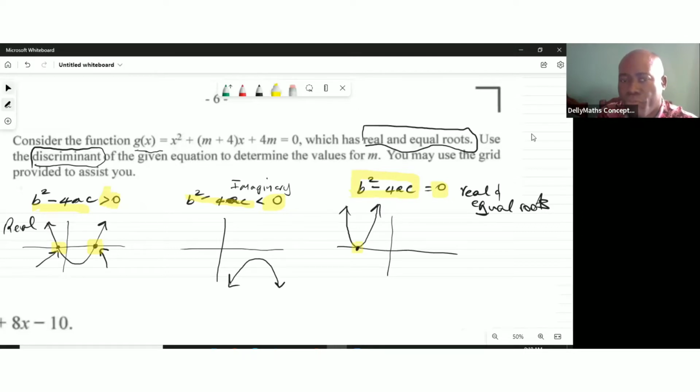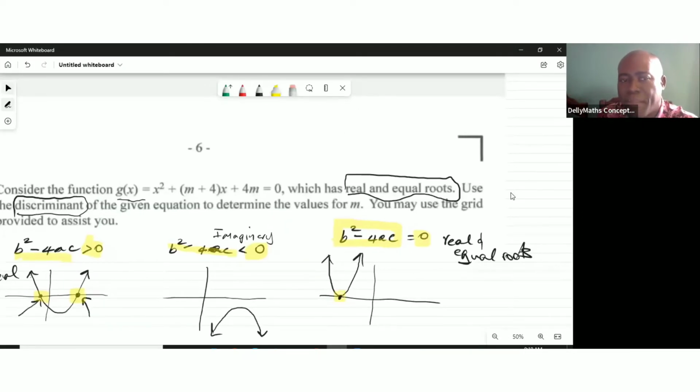Now, what we can do in the meantime is identify from the situation what is A, what is B, what is C. A is the coefficient of the square, so A is equal to 1. B is the coefficient of X, so B is equal to m plus 4.